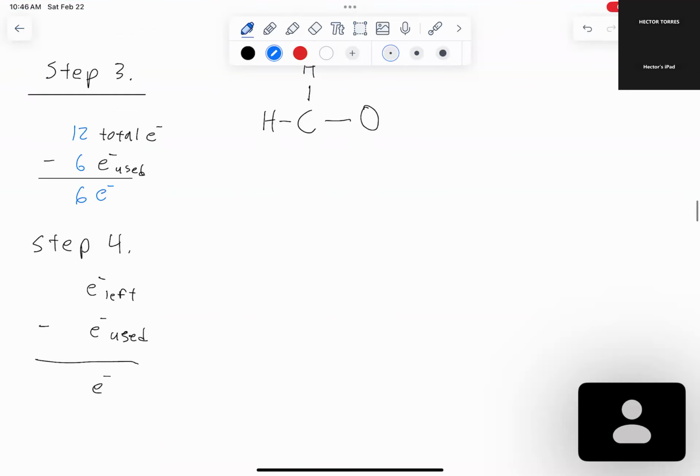For step 4, we're going to be filling in the lone pairs. For lone pairs, we want to put them on the outer atoms first, so we're going to put them on oxygen. If I put lone pairs on oxygen, that means I'm going to use 6 electrons, and I have 6 left from before.